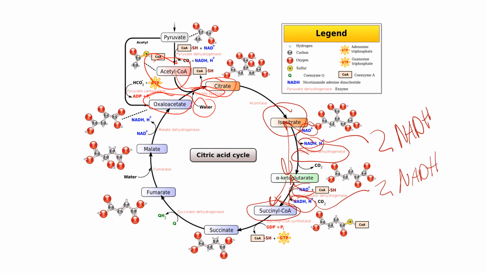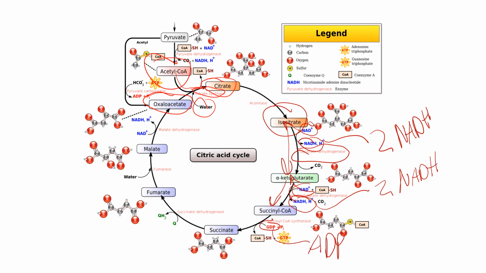Okay, this next reaction, the most important part of it, succinyl-CoA is going to get converted into succinate by this enzyme succinyl-CoA synthetase. And in doing so, what happens here is a phosphate is stolen off of succinyl-CoA by this molecule GDP, which is a lot like ADP.